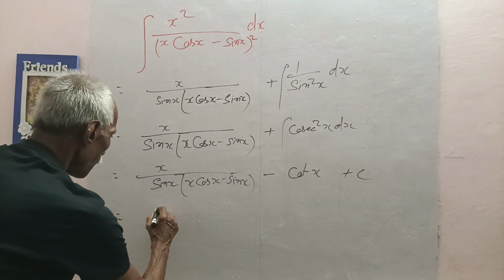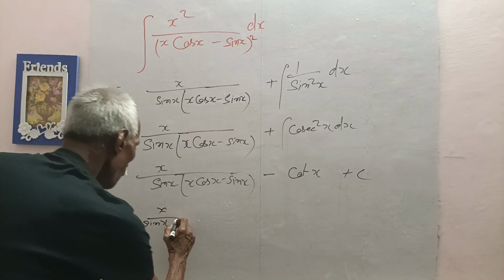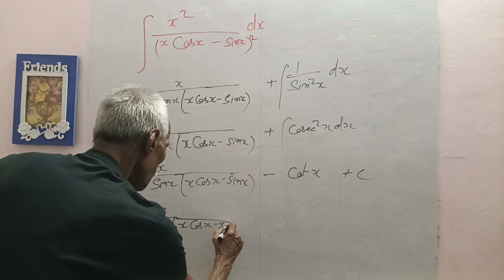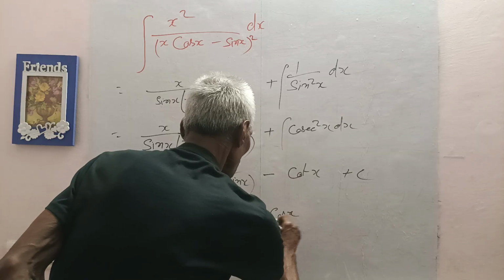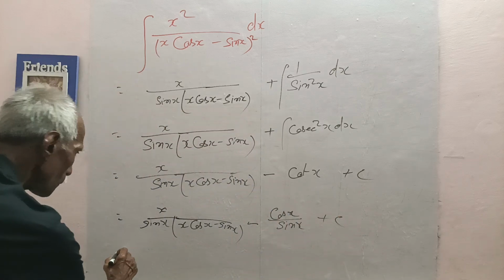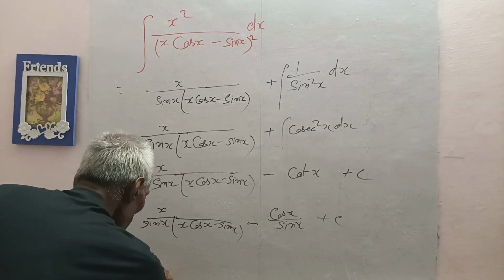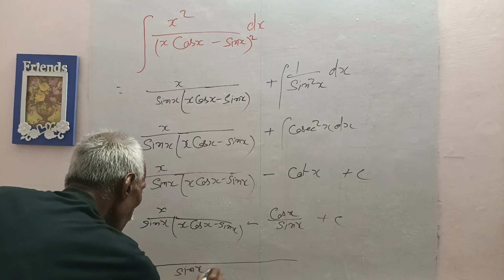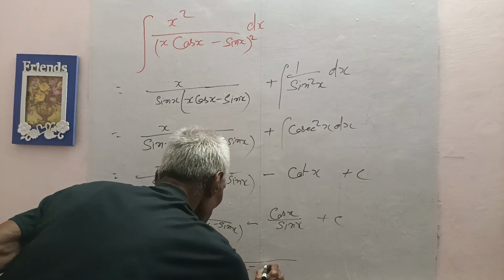Yes, is equal to x by sin x into x cos x minus sin x minus cos x by sin x plus c is equal to sin x, x cos x minus sin x.